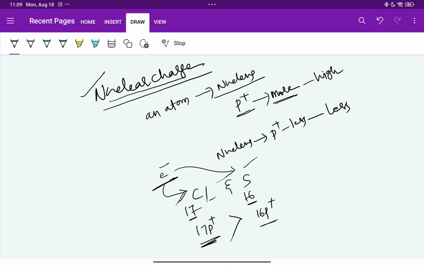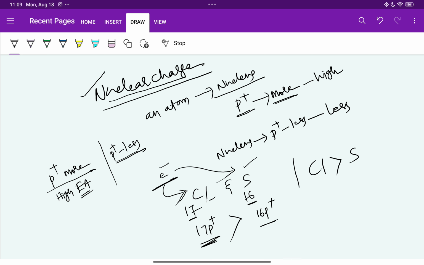So when the number of protons in the nucleus is more, that nucleus is energetic, and that atom takes electrons easily and has a high electron affinity compared with an atom containing fewer protons. So here chlorine's electron affinity is more than sulfur's due to nuclear charge.